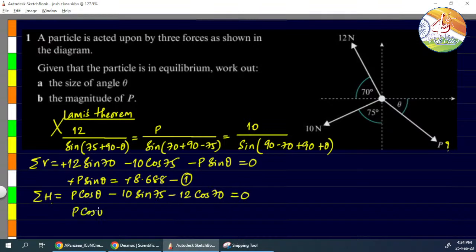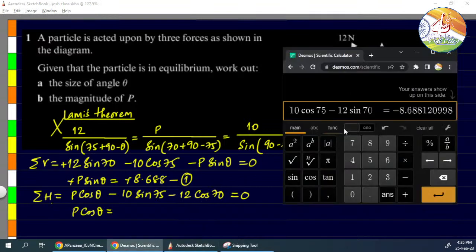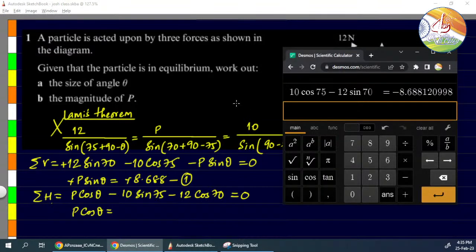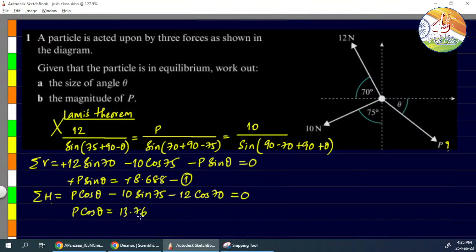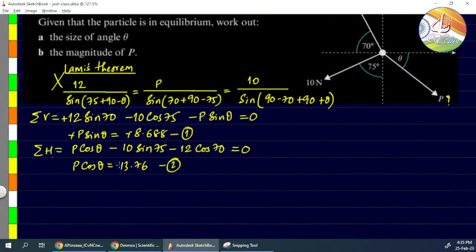So we get P cos theta equals 10 into sine 75 plus 12 into cos 70, which is 13.76. This is equation number 2. Now using 1 and 2 we need to find P and theta.